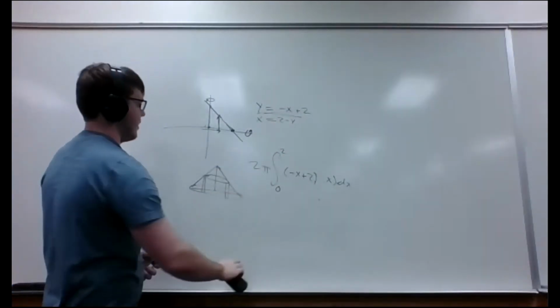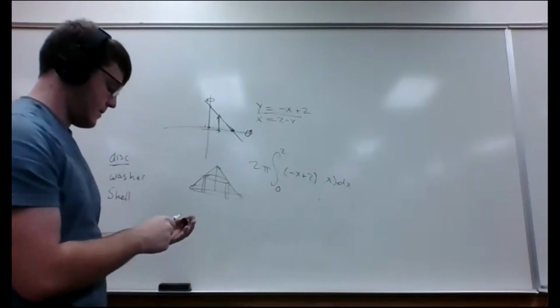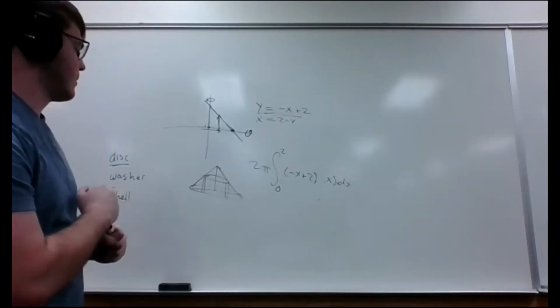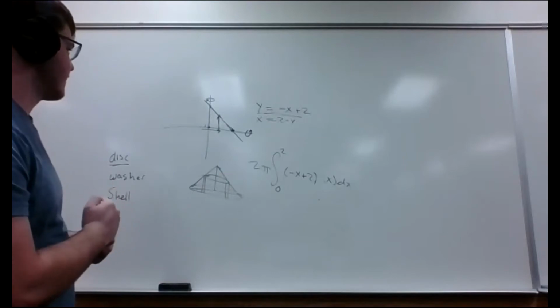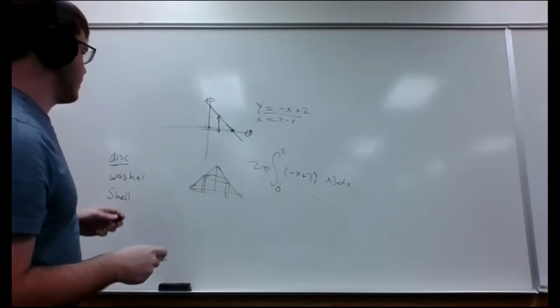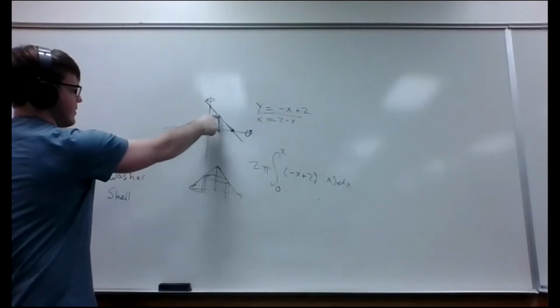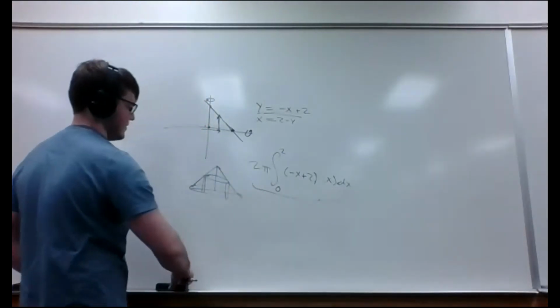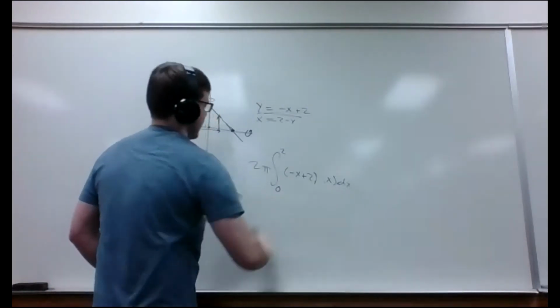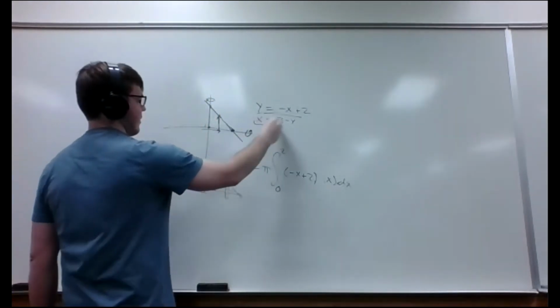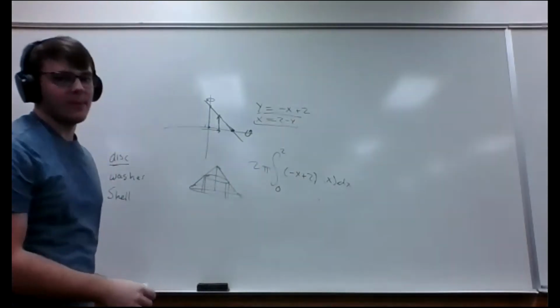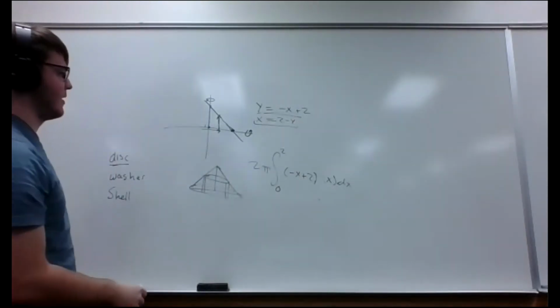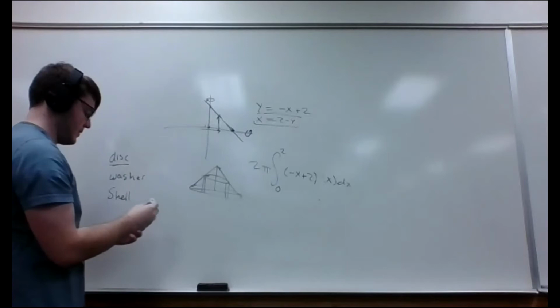So hold on, can you say that again? You said if we are using the shell method and we're going across the y-axis, it will always be in x variables? Yeah, if we're rotating around the y-axis, usually it's pretty simple and a lot easier to use this. Unless, of course, it gives us our equation as an x variable, then it might be easier to use the disk method.